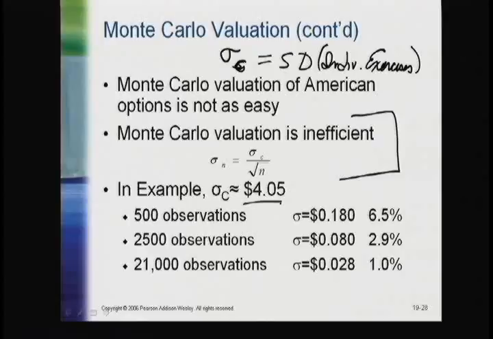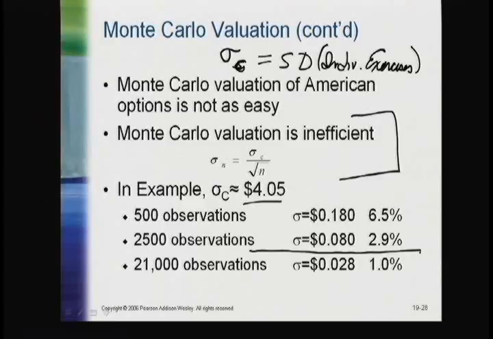Well, the price we're estimating is, in fact, an average of those payoffs. So the standard deviation of an average is the original standard deviation divided by square root of n. So you can see that the error, with 2,500 observations, is telling us that the standard deviation is about 8 cents.